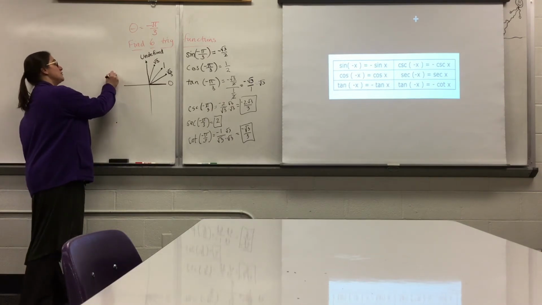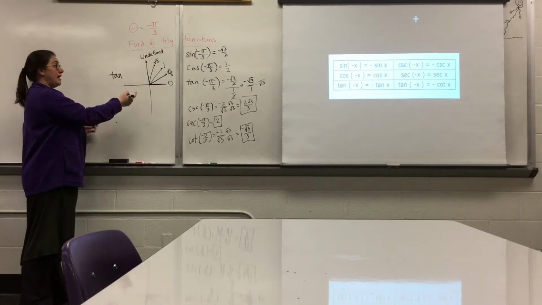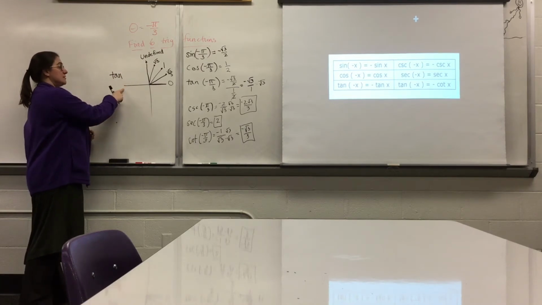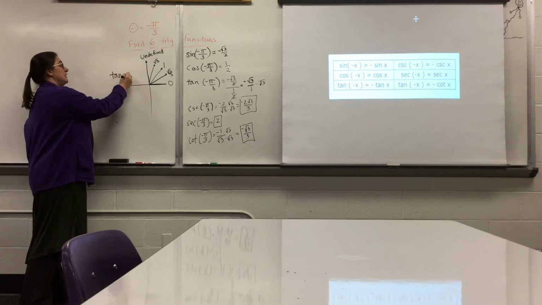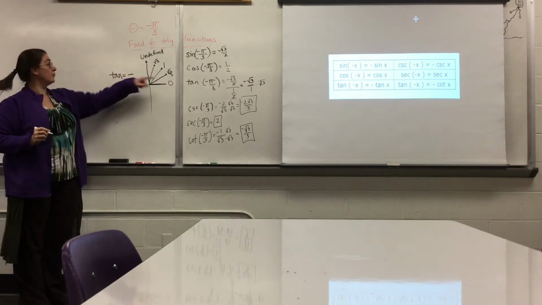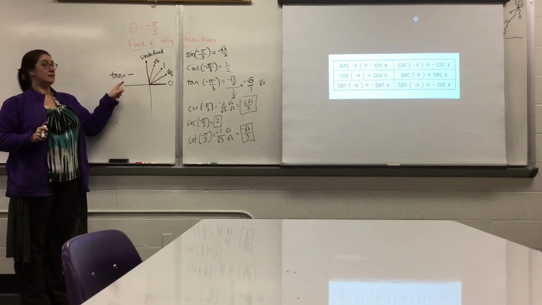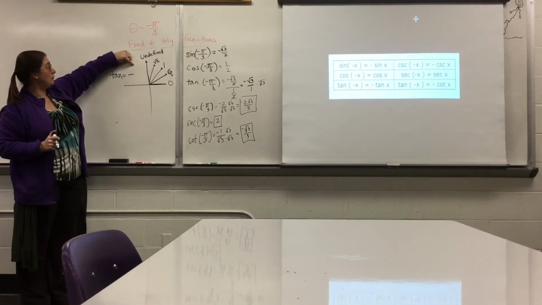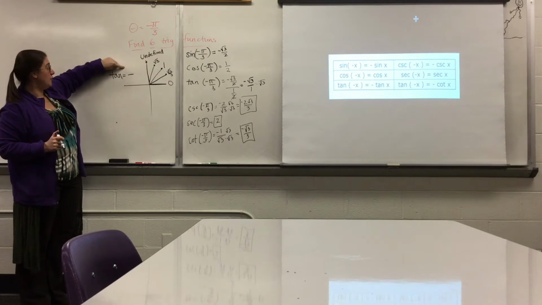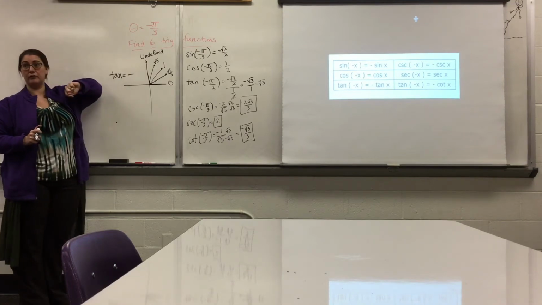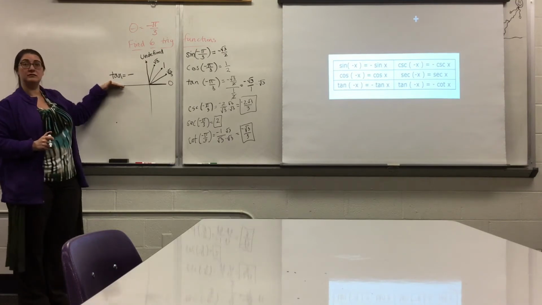In this quadrant, because the tangent relies on y and x, since the x is negative, the tangent will be negative. It'll be these same values, but negative. So this one would be negative square root of 3, this would be negative 1, this would be negative square root of 3 over 3, and then this would be 0.